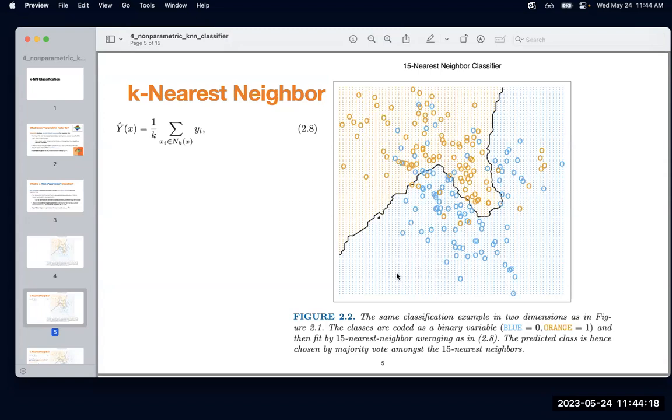So in this example, you can tell right away that all my neighbors actually have the actual targets as blue or as 0. So then, because all my neighbors would be carrying the target 0, the prediction in this case would be the value 0.